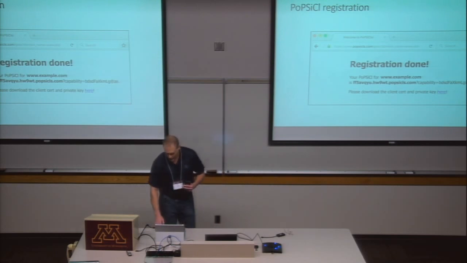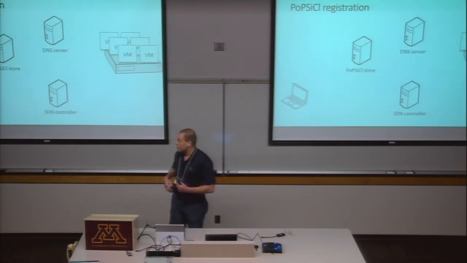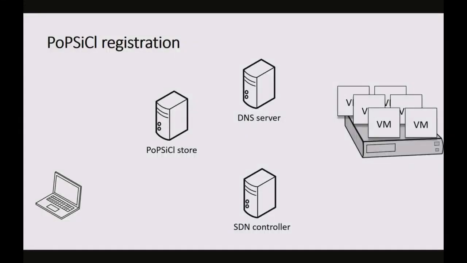Okay. So now how does this work under the covers? Here we have a client on the left, and we have a bunch of other boxes, which are all part of the cloud and such on the right. The user is going to go to that popsicle store and say, hey, I would like a popsicle. And so a few things are going to happen.